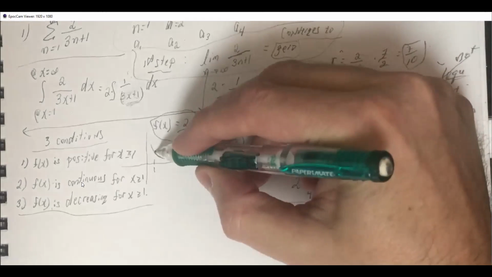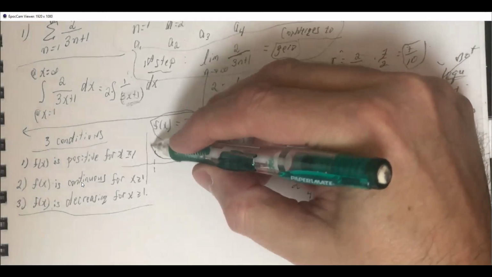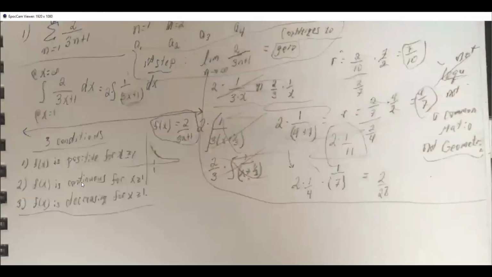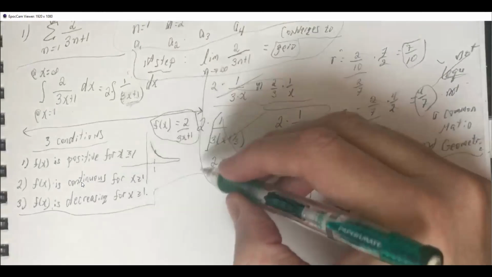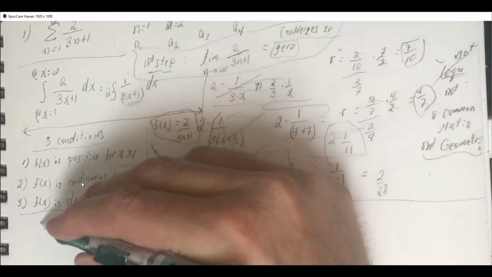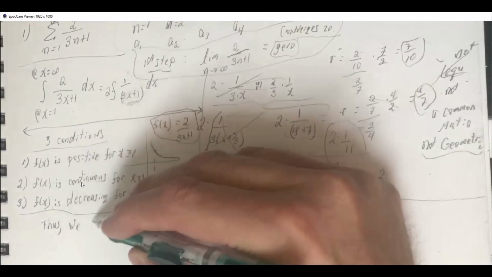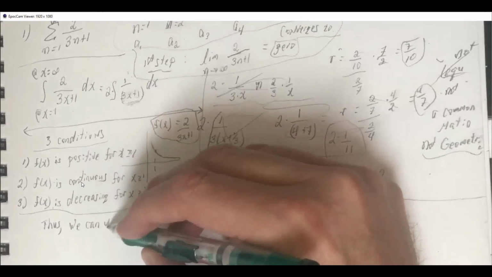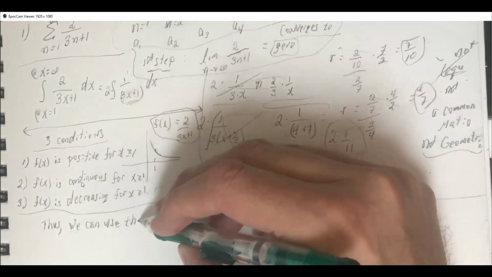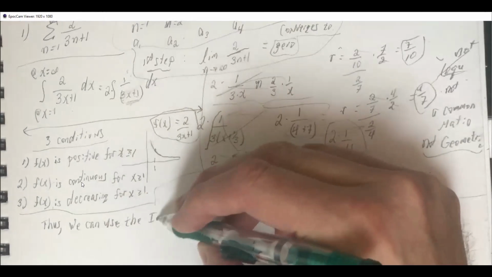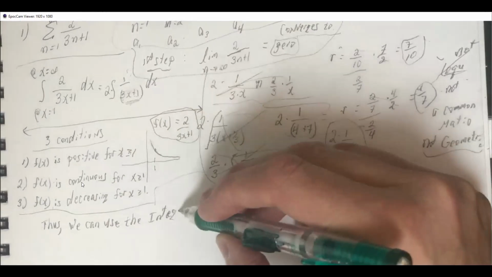And it is decreasing for x greater or equal to 1 because there is a graph right over here as well, and it wasn't open right here or something. Okay, so therefore the conditions are met, and thus we can use the integral series test, or we can proceed, however we want to write it.